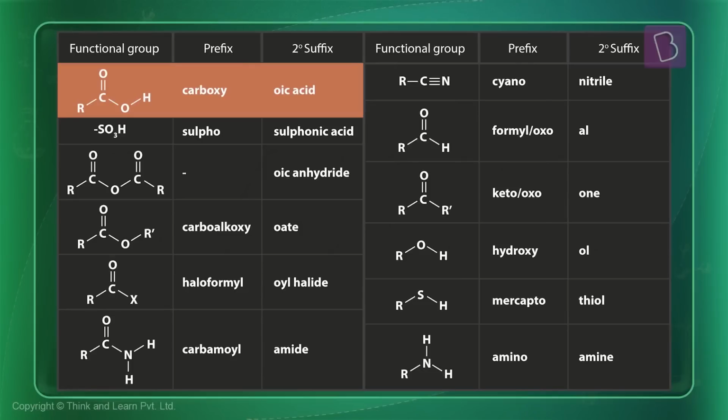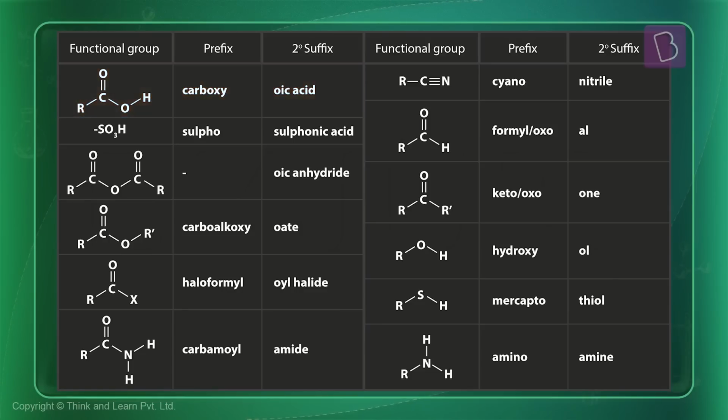In very rare cases, it happens to have a lesser priority than something else. In that case, it goes by the prefix carboxy. Quickly moving on, we have the SO3H group, which has the prefix sulfo, and it goes by the secondary suffix sulfonic acid.